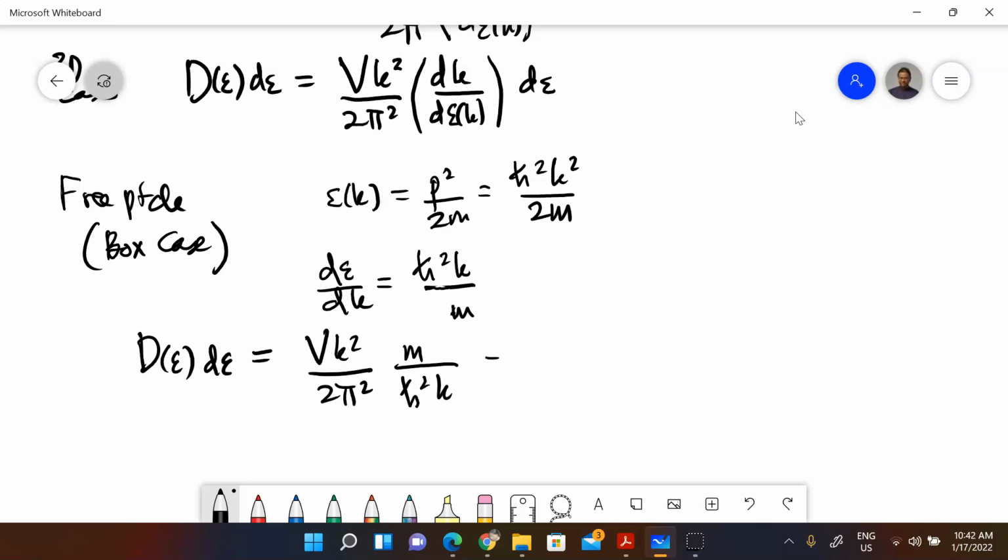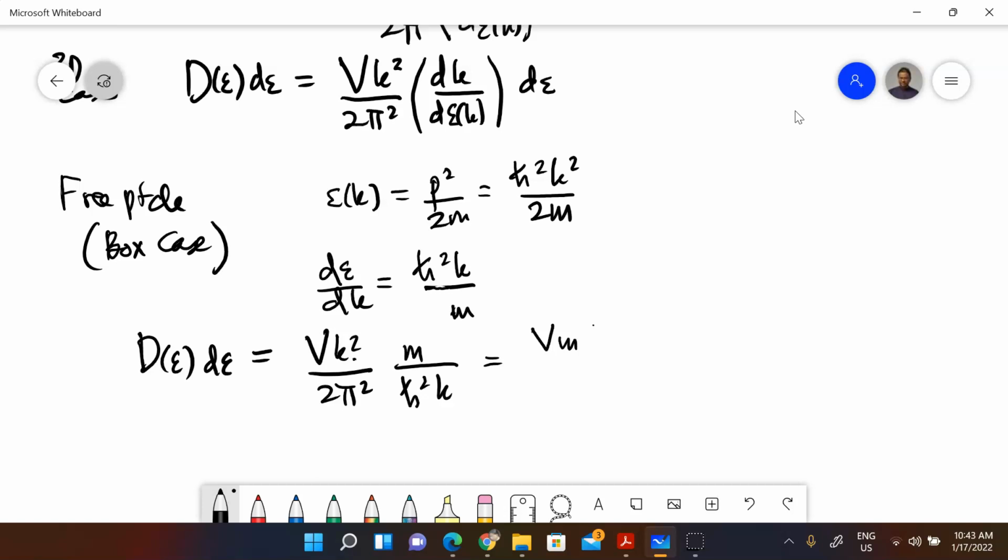Okay. You can simplify this to the following. Your k can be written, since epsilon k is that, your k squared over here, we can write it in terms of your energy there.